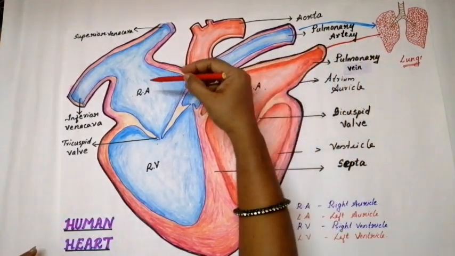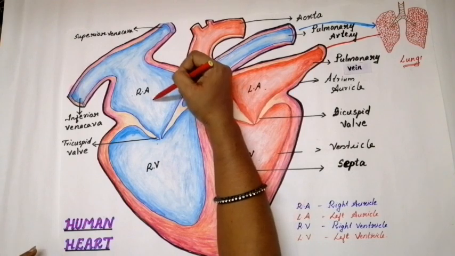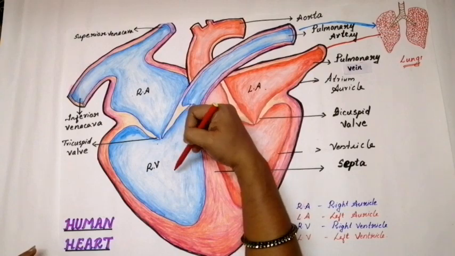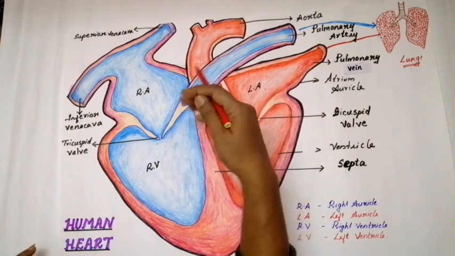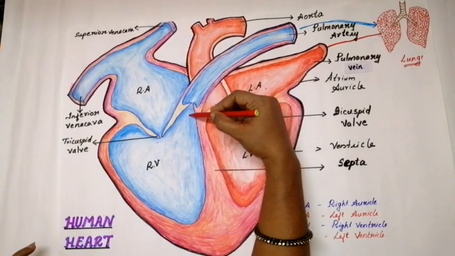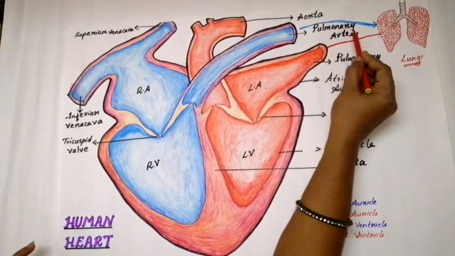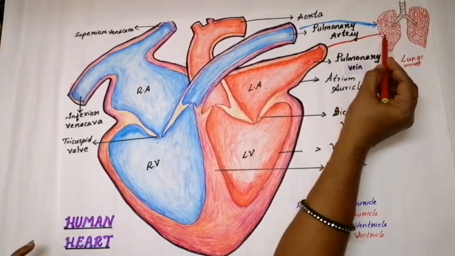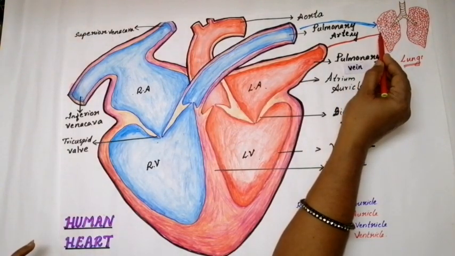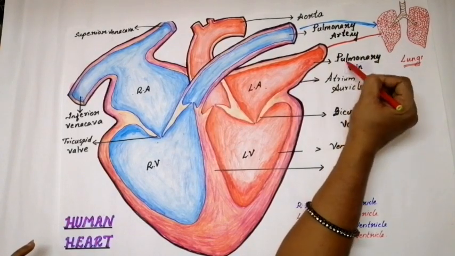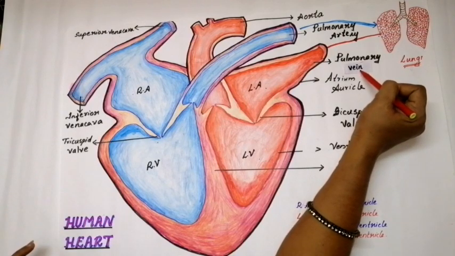Okay, so the deoxygenated blood collected in the right auricle, through the tricuspid valve enters into the right ventricle, and when the ventricle contracts, the deoxygenated blood from the ventricle flows into the pulmonary artery, and through the pulmonary artery it reaches the lungs, and from the lungs the blood gets oxygenated, and this pure blood is carried to the left auricle through the pulmonary vein.